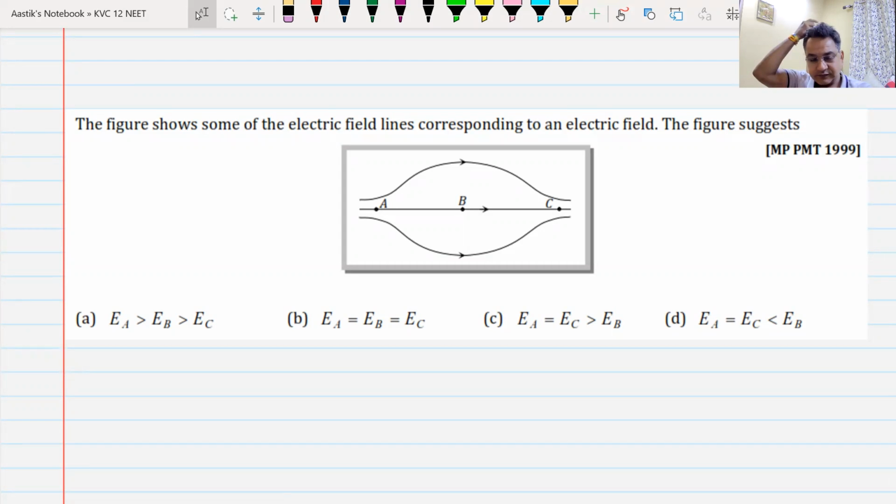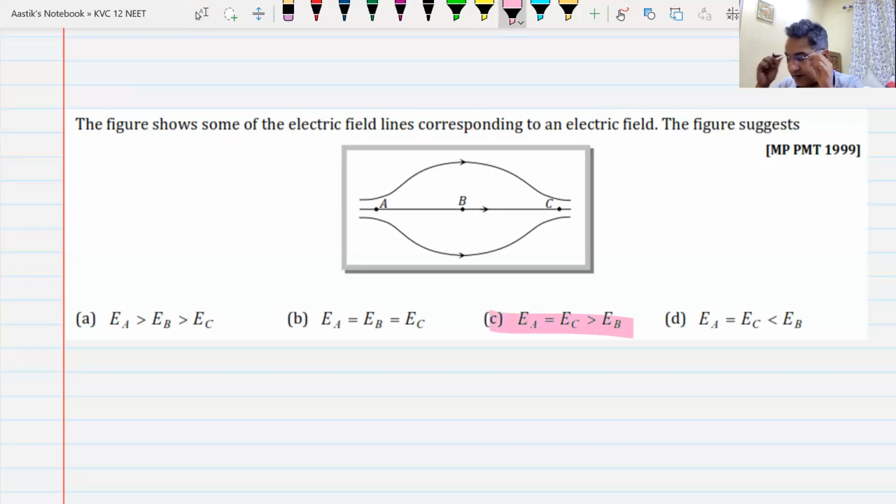What is the answer to this one? A, B, C, D. And the answer is C, sir.